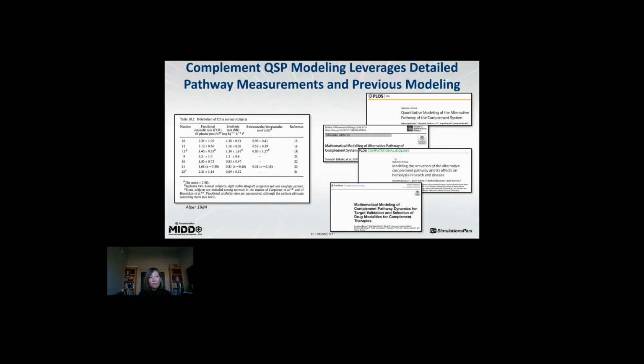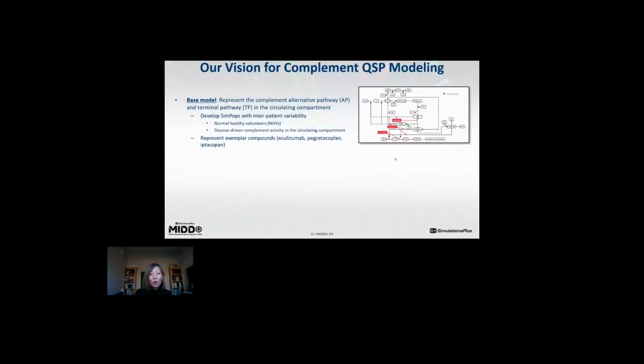Okay, so let's shift gears and talk about what we are doing. And don't worry so much about trying to read the graphic on the right, since I will show that in the next slide in larger scale. But the idea is that we are representing a base model that is focused on the alternative pathway and the terminal pathway.